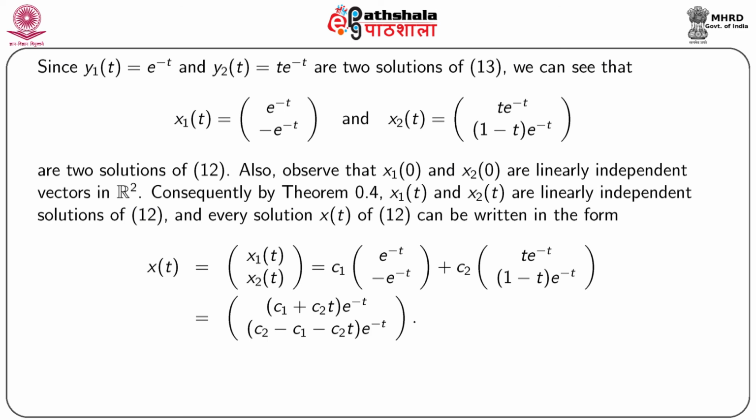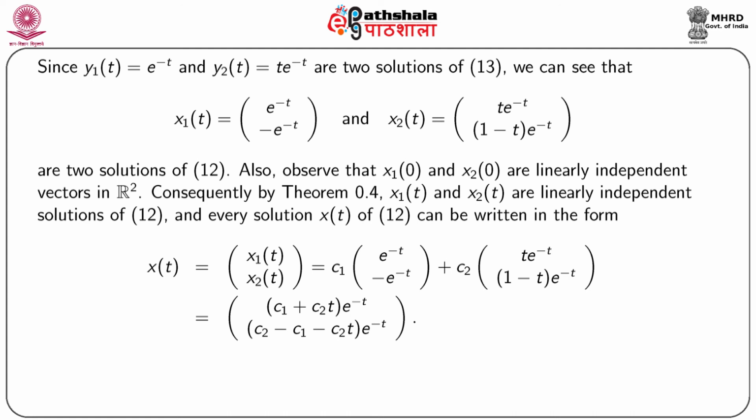Now, it can be easily shown that y1 = e^(-t) and y2 = t e^(-t) are two solutions of (13). As you can see, the auxiliary equation is m^2 + 2m + 1 = 0, which gives m = -1 and -1, the repeated roots.